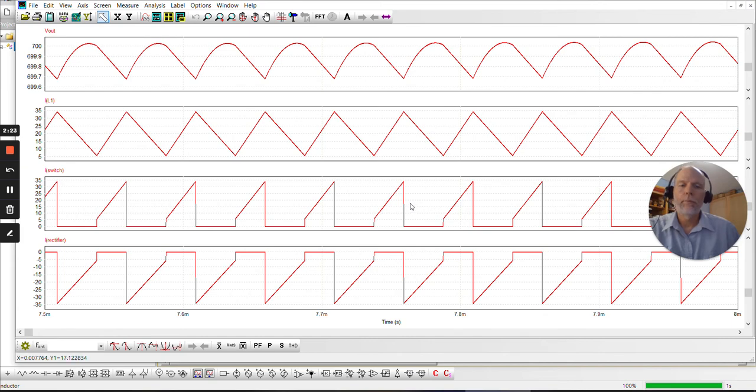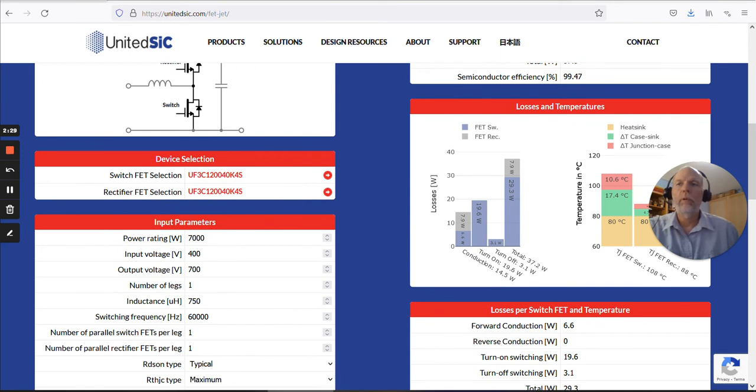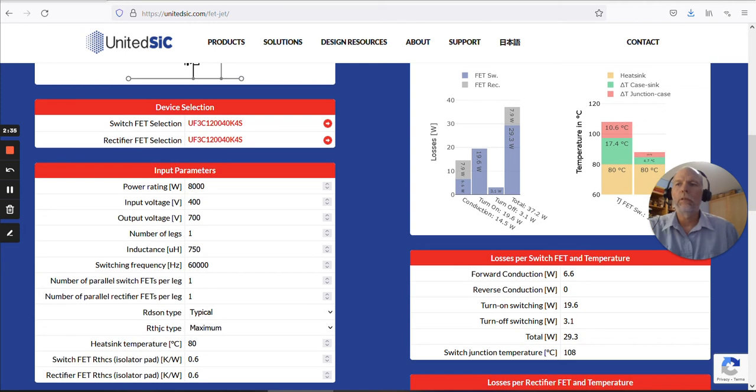So let's see what happens over in FET-Jet Calculator. We'll put in the same parameters: 8 kilowatts, 400 volts up to 700 volts. We'll start off with 100 microhenries, and we were switching at only 20 kilohertz in that example.